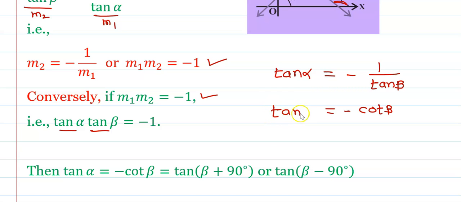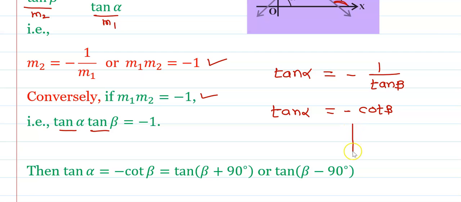Therefore tan alpha is equal to minus cot beta. As it has a minus sign, we can write it in terms of tan of beta plus 90, or it can also be written as tan of beta minus 90.